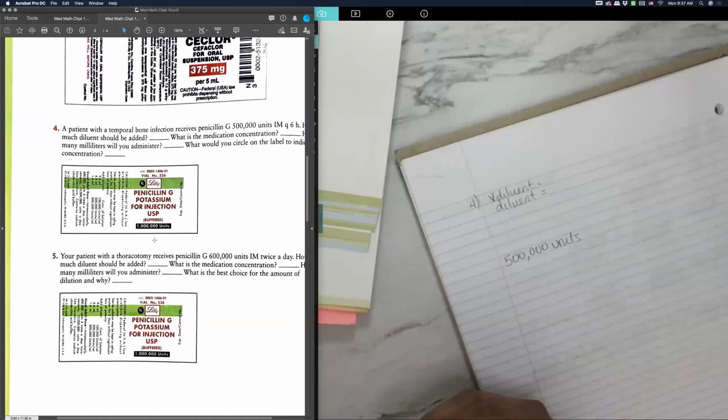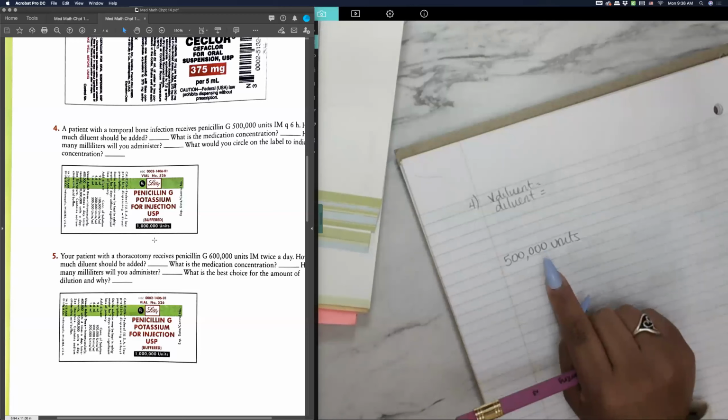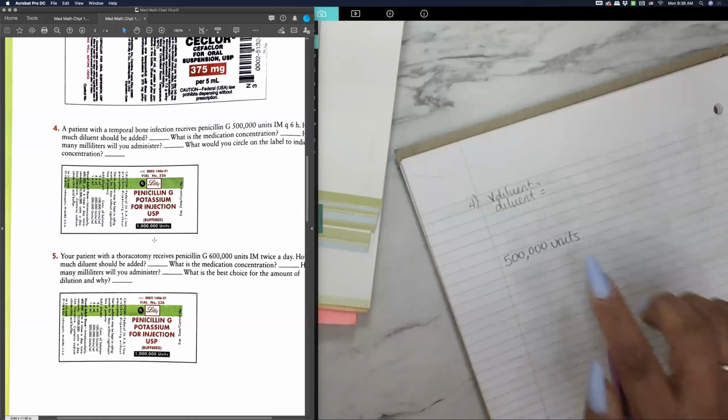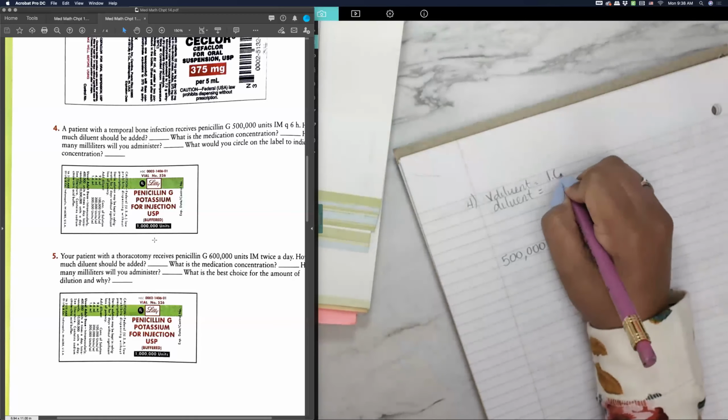So which of those concentrations of solution am I going to choose for this doctor's order? 1.6. Right? Okay, so 1.6 milliliters is the volume of diluent.